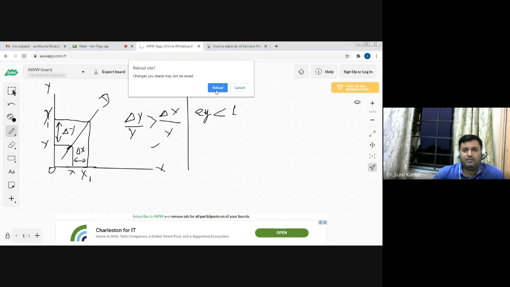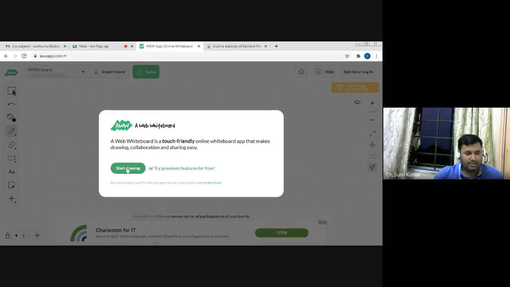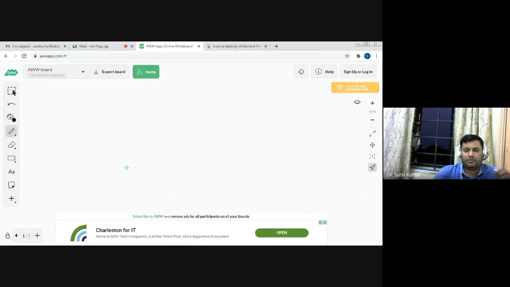So what it means: the percentage change in quantity demanded is equal to the percentage change in money income.